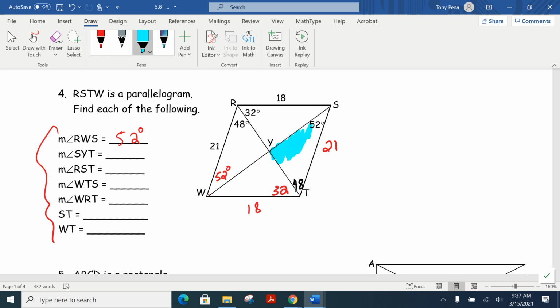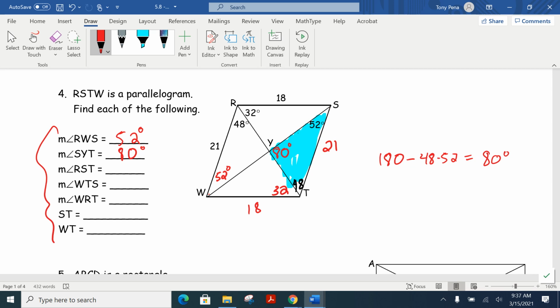But look at this triangle that this is part of. Don't we know the other 2 of those angles? So we can do 180 minus the 48 minus that 52. What is that, 100? So that's got to be an 80-degree angle. So we can fill in 80.